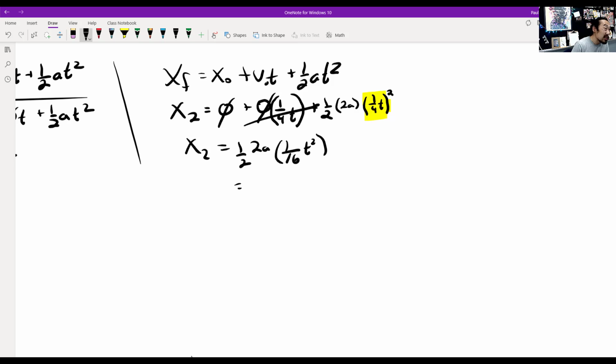Okay, I'm going to clean this up even more because I didn't clean it up in the first place. So that actually cancels out, and this gives you a 16th t squared is equal to x over 2. Now, I'm leaving the 16th in the denominator, and I don't have anything there in the numerator, but it's important for us to know that in the numerator it's actually a 1.